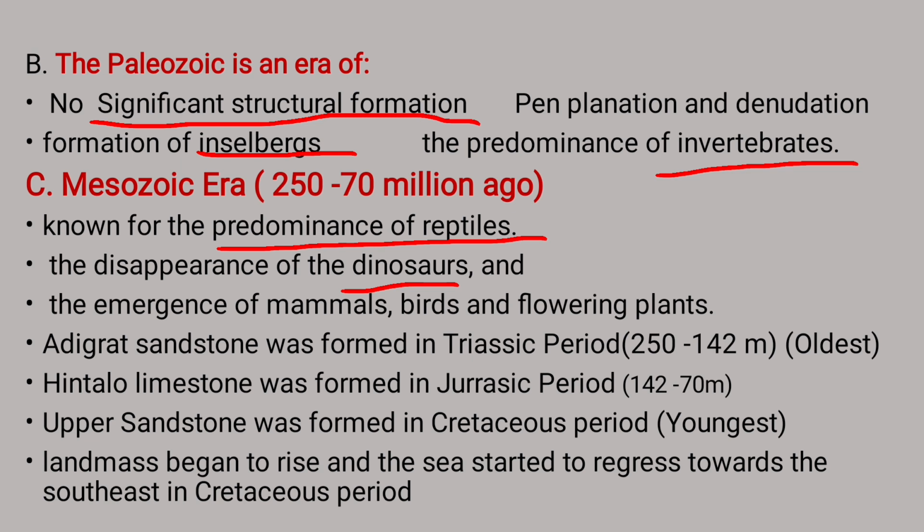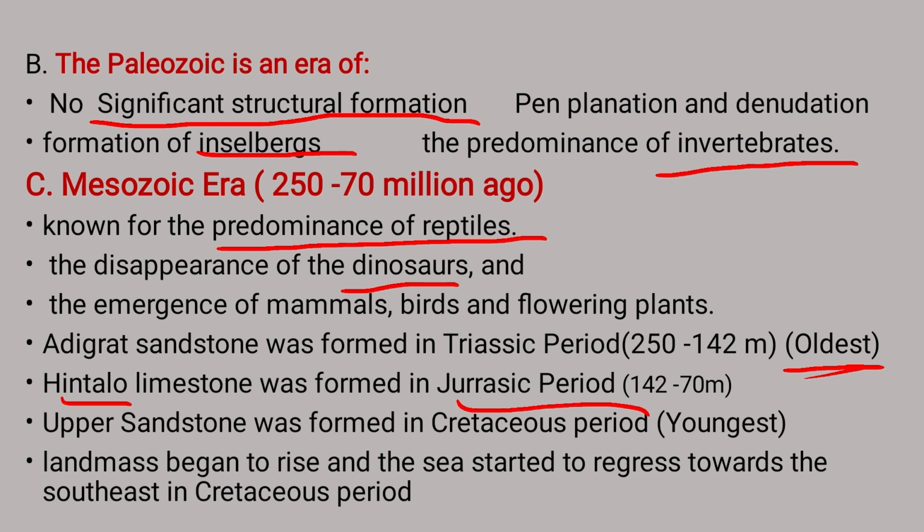Adigrat sandstone was formed in the Triassic period between 250 to 142 million years ago. This rock, the Adigrat sandstone, is the oldest sedimentary rock. Another, the second or the middle limestone, which is known as Antalo limestone, was formed in the Jurassic period between 142 to 70 million years ago.